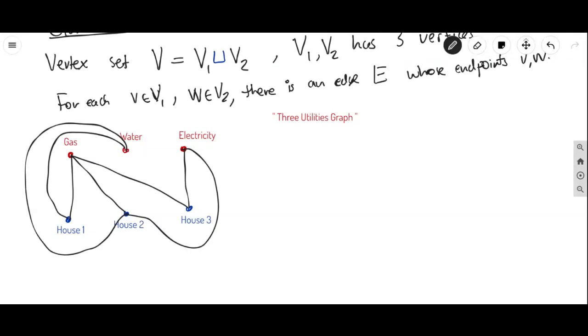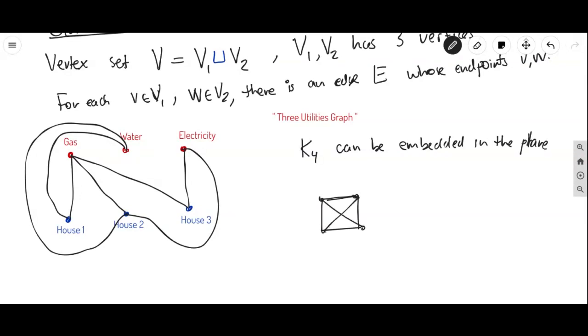So here's another famous graph. K5 can be embedded in the plane. So you have 5 vertices, and between any 2 vertices, you're going to have an edge. Now, at first you would say there's no way to do it because now you're crossing over each other, right?